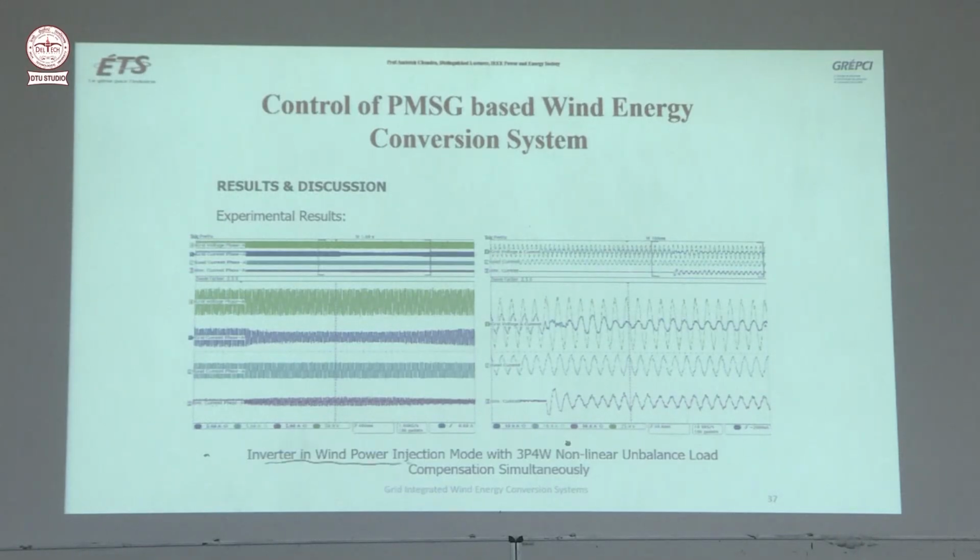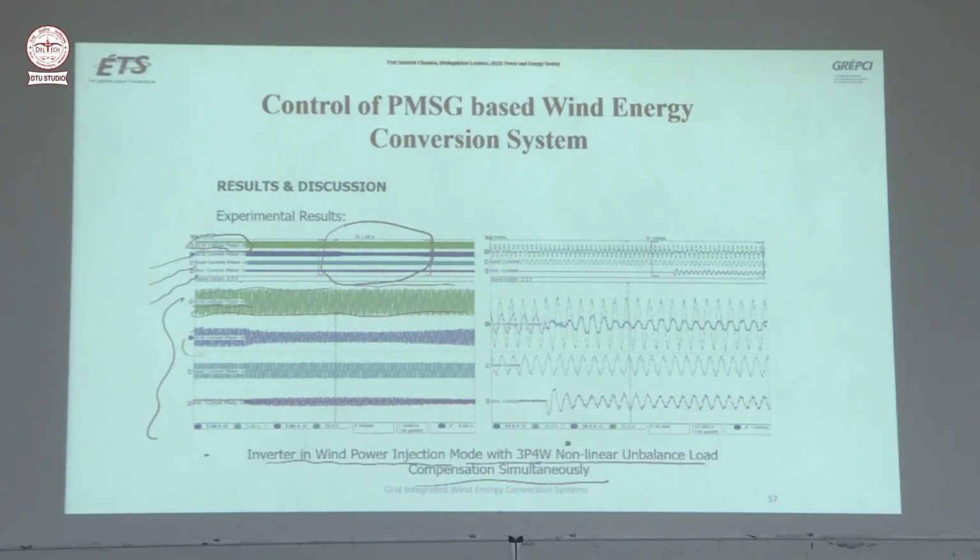This is the inverter in wind power injection mode with 3-phase 4-wire nonlinear unbalanced load compensation simultaneously. So simultaneously the inverter is injecting power as well as doing the filtering. So this is the grid voltage of phase A, grid current phase A, load current phase A, inverter current phase A. Let me explain it here: this is the grid voltage phase A, which is constant sinusoidal.